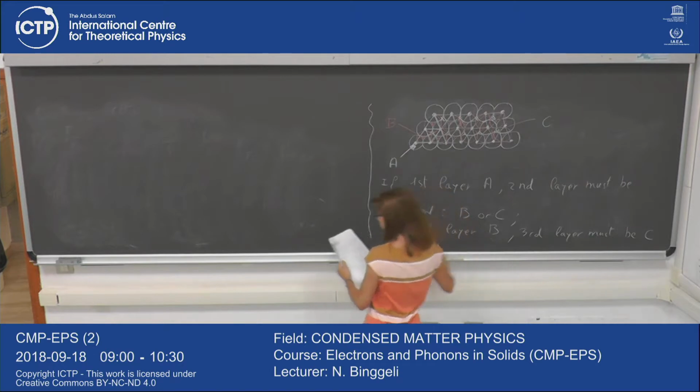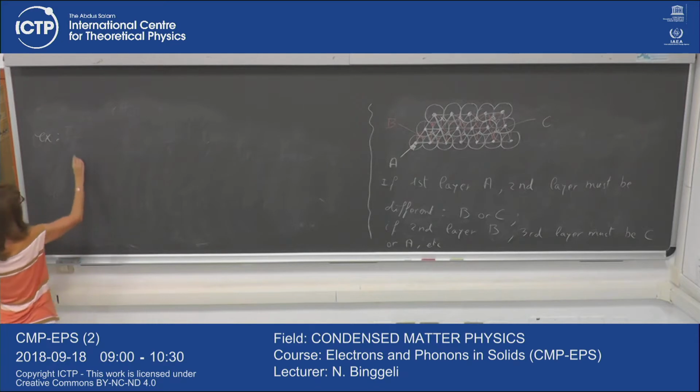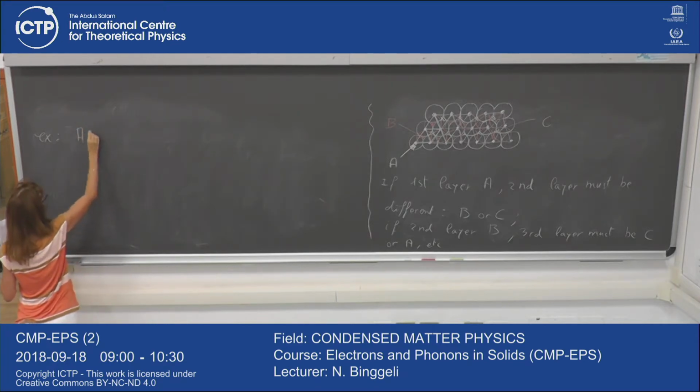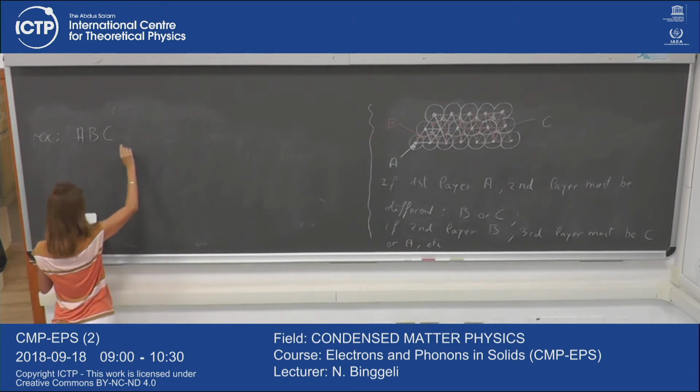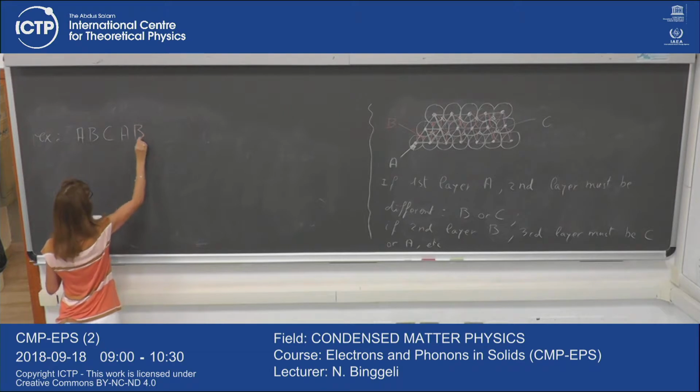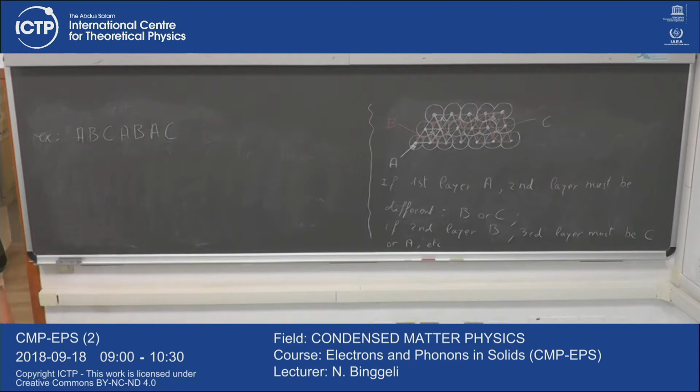One example is, for instance, these sequences could be A, and the next one must be different, so it could be B, and C, then A, B, A, C. I have a wide choice, and it doesn't necessarily need to be periodic, so I have a lot of choices.